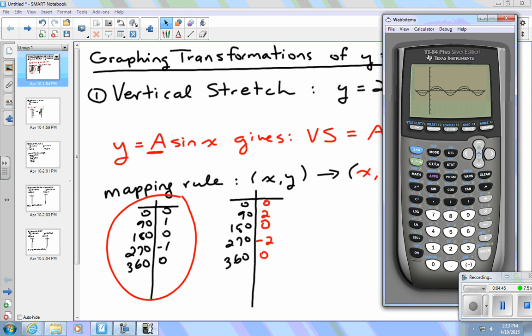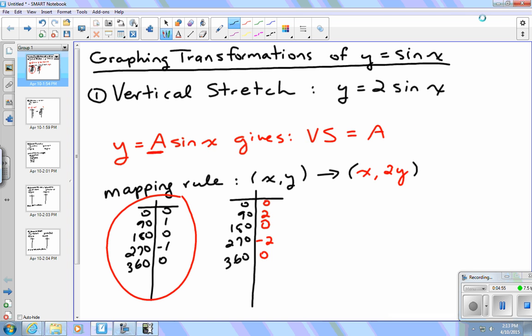So if you think of the characteristics of a sinusoidal function or of the sine curve itself that we looked at in the previous lesson, we talked about amplitude, period, domain and range, etc. The vertical stretch affects our range, okay?